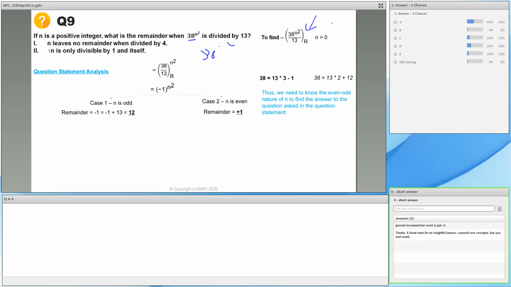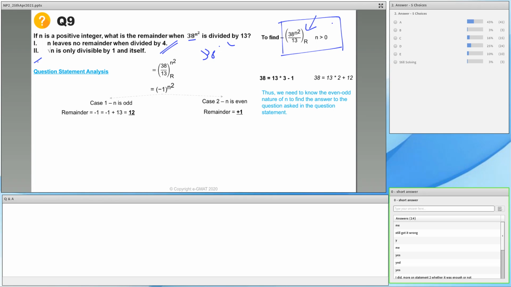Before jumping into these statements, how many of you spent some time analyzing the given question before getting into statements 1 and 2? If you spend some time just analyzing this, there's a good chance that you did most of the question right. There's only one other trick point where you could have faltered, which would probably lead you to choose option D. I also know where you went wrong.